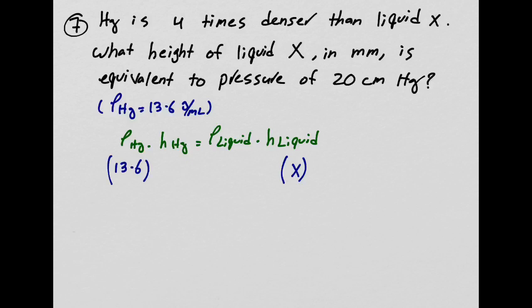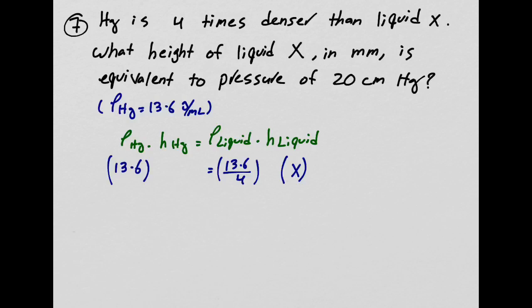Now, they don't give you the density of the liquid, but it says that mercury is 4 times denser than liquid X. So this is 13.6 divided by 4, because mercury is 4 times denser. They also give you the height of the mercury.